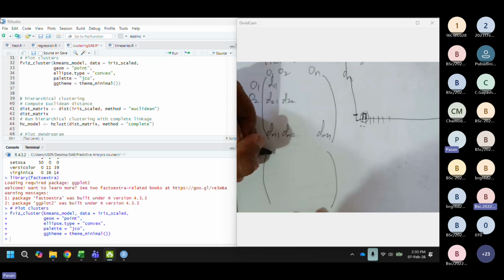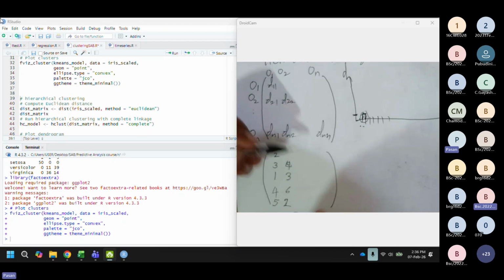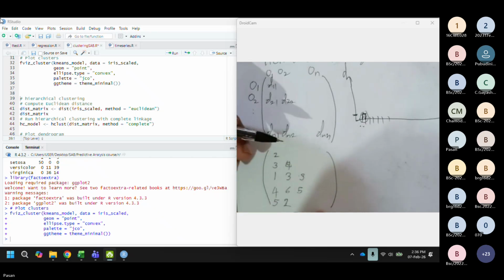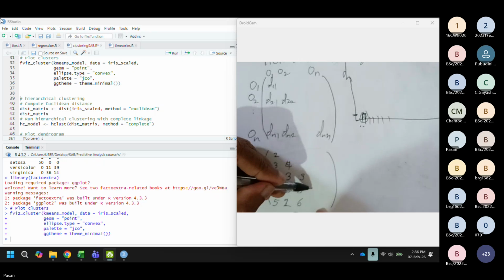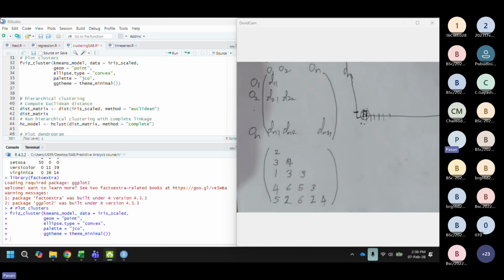putting some numbers, I randomly put some numbers there.